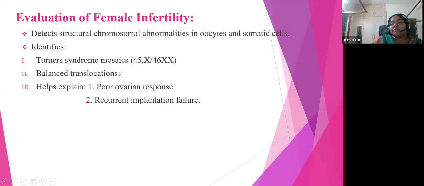And balanced translocations, meaning part of a chromosome can move to another chromosome and settle there. You won't know without the fluorescence in situ hybridization, FISH, technique.